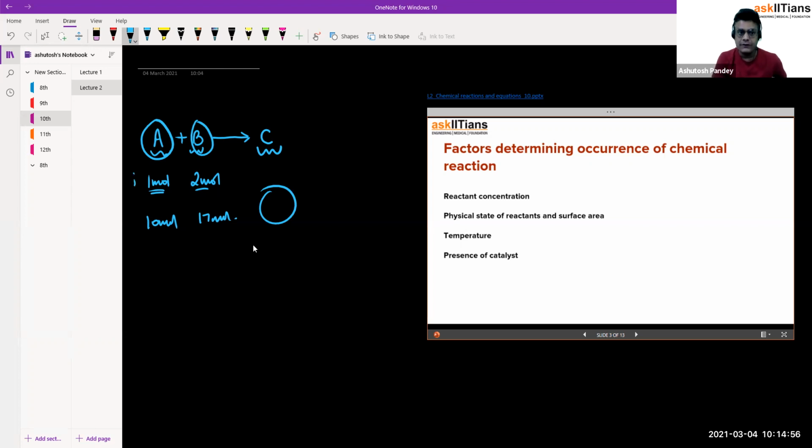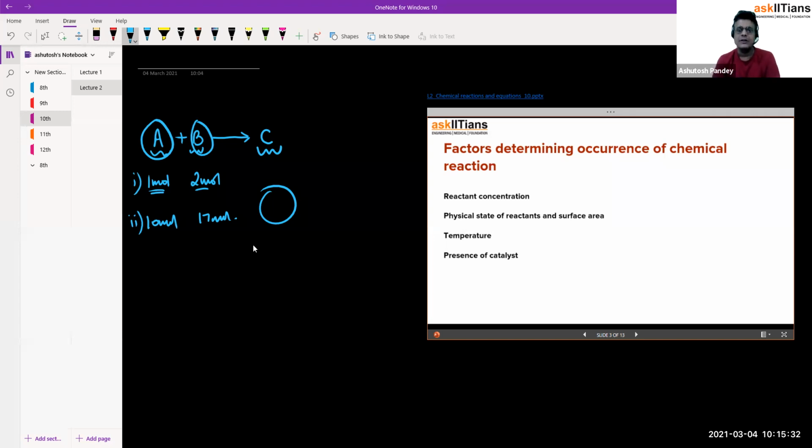In the first case some amount of C is going to form, and in the second case we'll have a different amount of C. So the chemical reaction depends on the concentration of its reactants. It does not depend on the concentration of product, because product is going to form from reactants, and that's why the extent to which the chemical reaction proceeds will depend on the reactant concentrations.